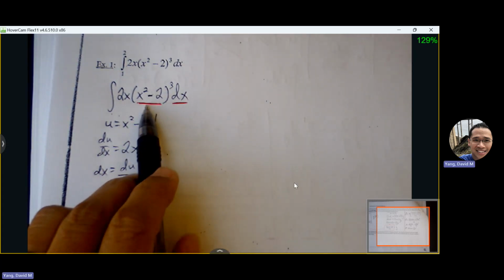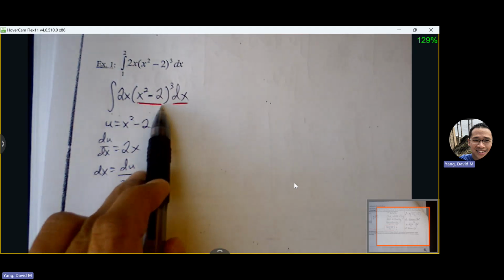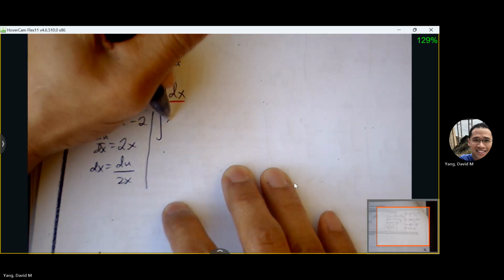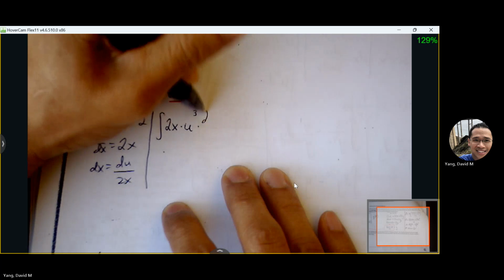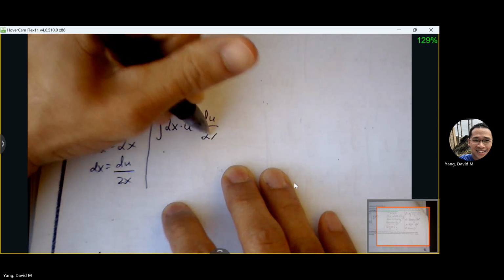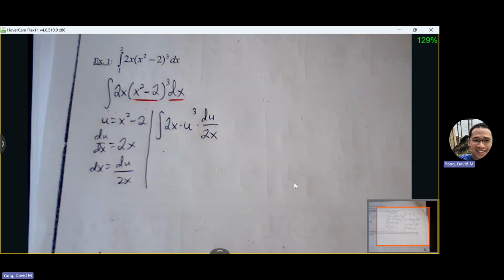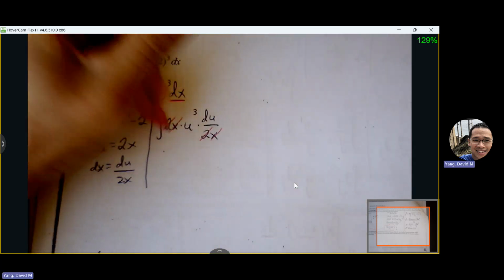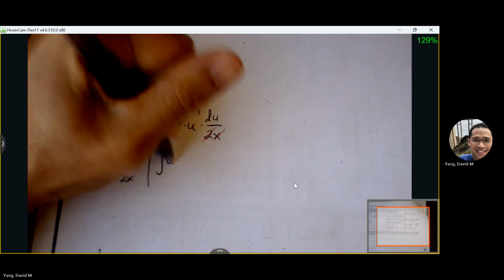Our initial steps are trying to find a replacement for what we've underlined. Everything else we're going to rewrite. X's cancel out nicely. And the 2's cancel out nicely, so we don't have to worry about any coefficients in this problem.